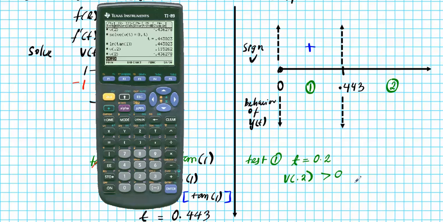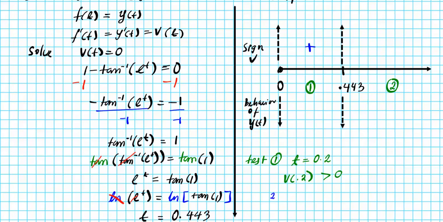Okay. So the other test value we're using is for the second interval. The second interval, we wanted to pick t equals 2. We want to examine the sign of the velocity. So velocity here is negative, so it's less than 0. Okay. So positive here, negative here.